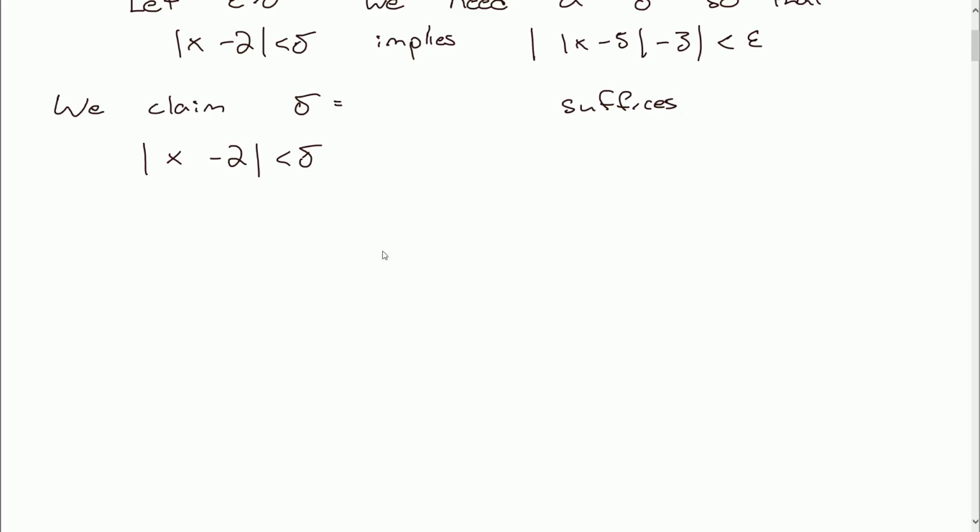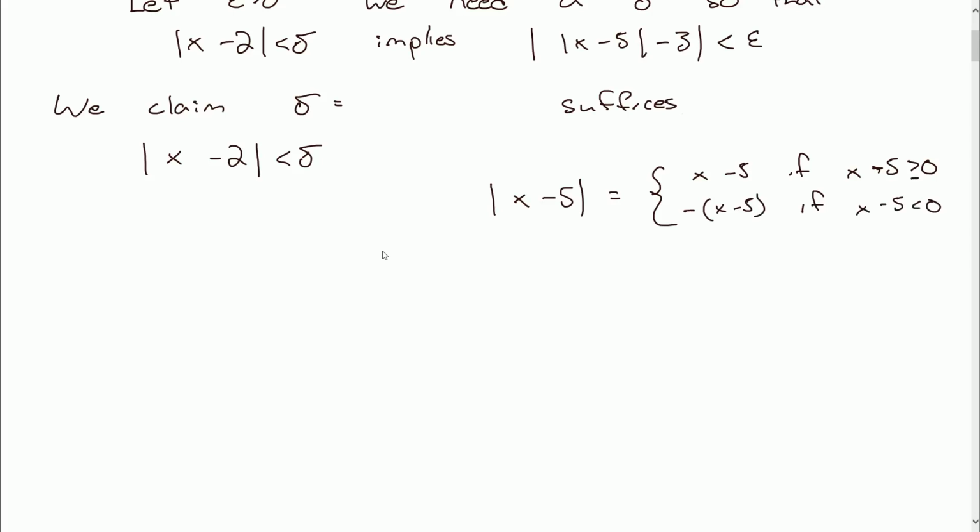You might remember from whichever Calc 1 you took that it's a piecewise function. It means x minus 5 if you know x minus 5 is positive, and it means negative of x minus 5 if you know x minus 5 is negative. I guess technically there should be a less than or equal sign there.